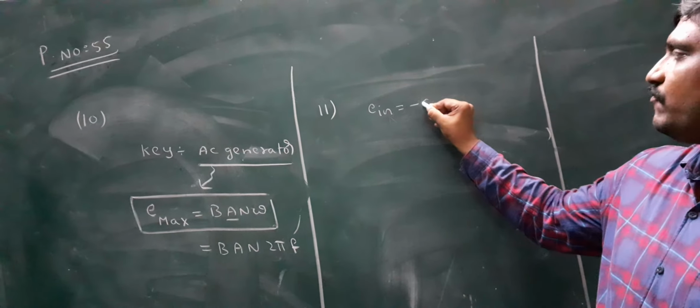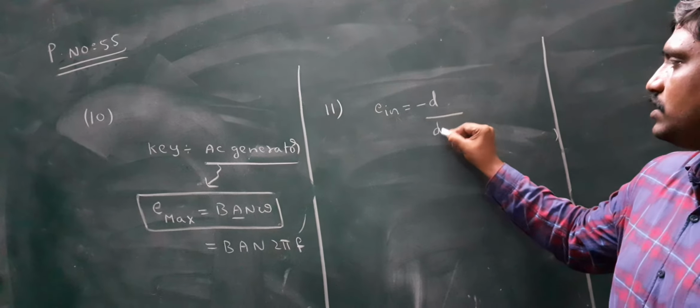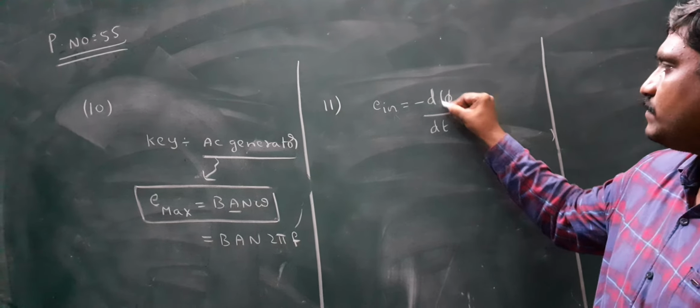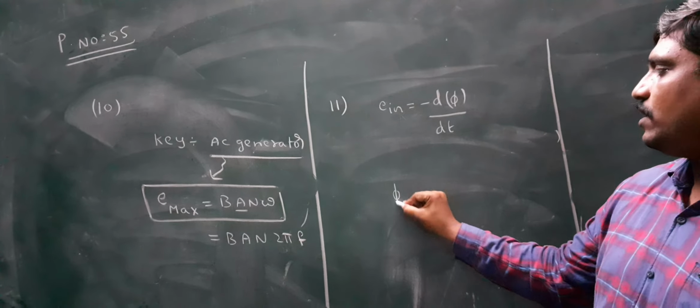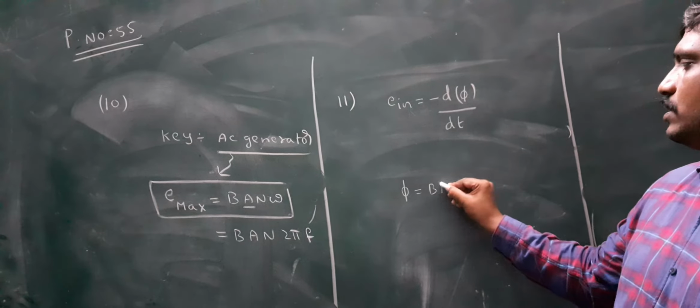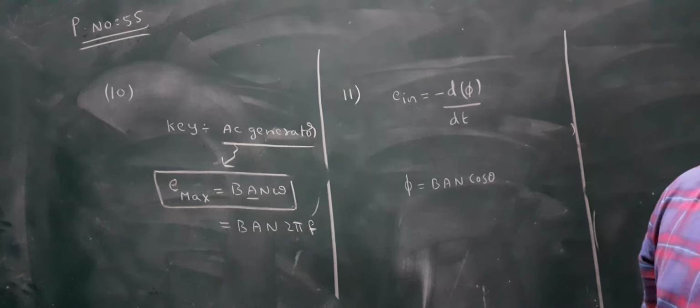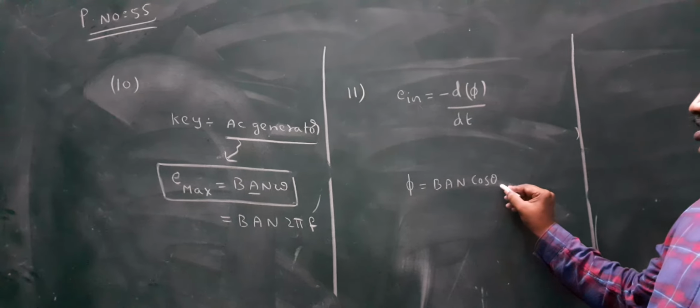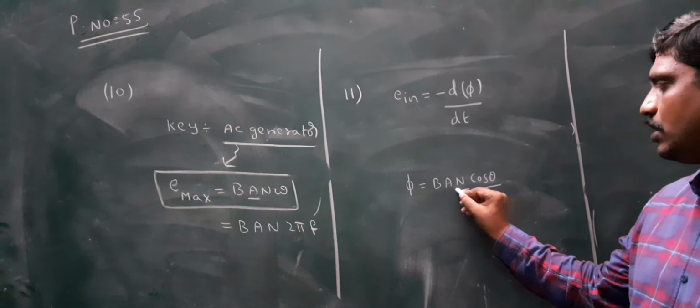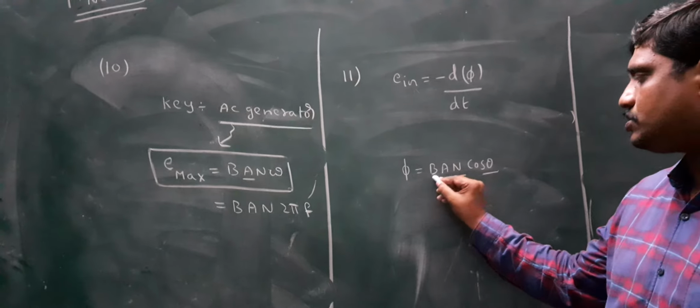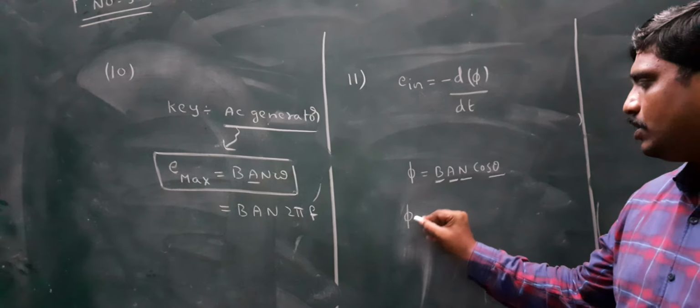Induced EMF formula is minus d by dt of phi. What is the formula for phi? B, A, N, cos theta. According to this situation, theta is constant, N is constant, A is constant, B is constant.